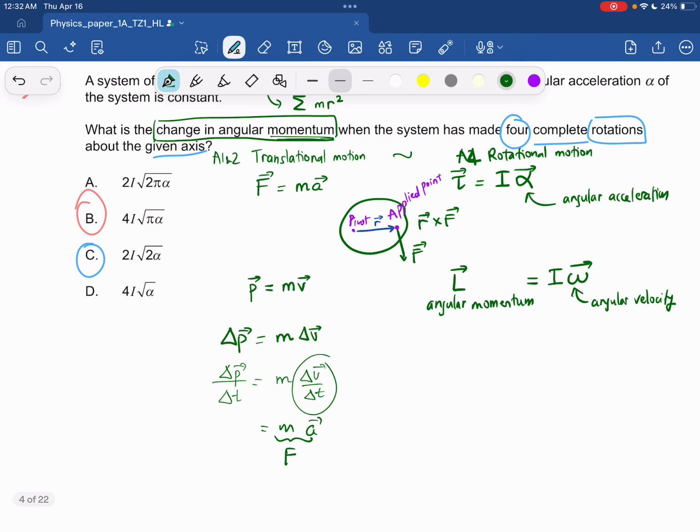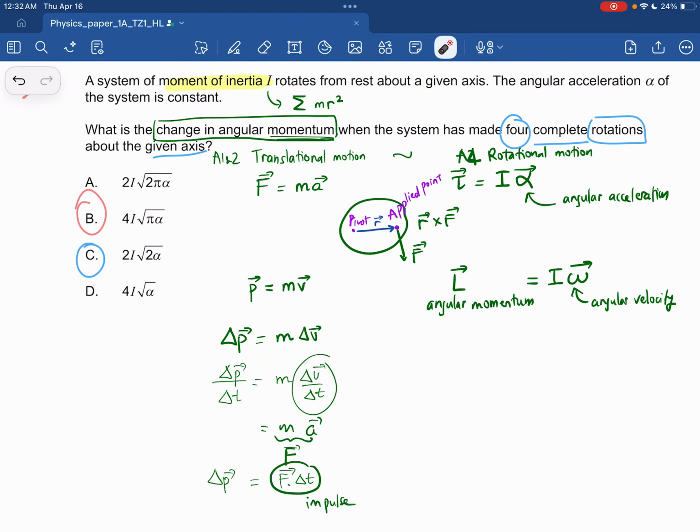That's why we have another quantity: if we multiply both sides by delta t again, you get the change in momentum equals F times t, right? F is a vector. And this quantity we call the impulse, which measures how much change there is in the momentum, right? So let's see how it's similar.